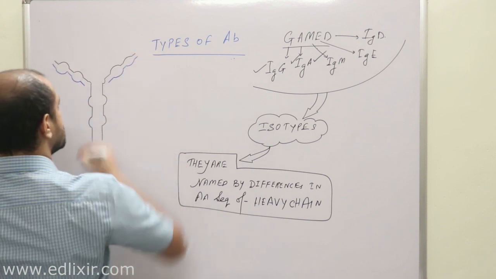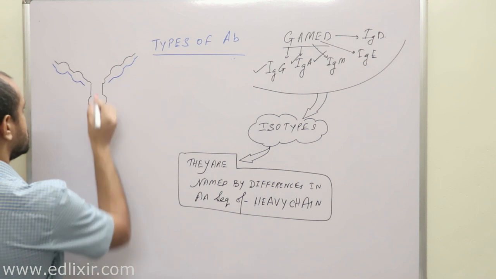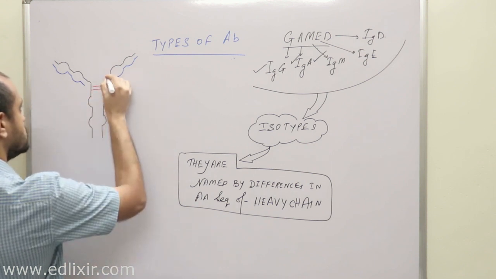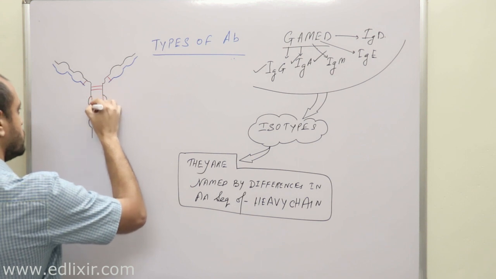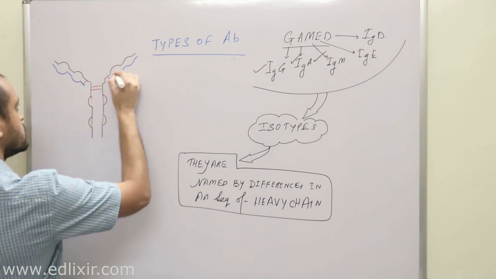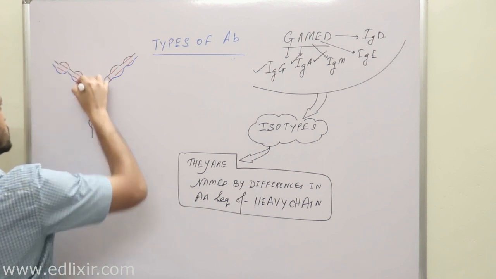Okay, now listen with all your attention. So this is your disulfide bond, this is your disulfide bond, and these are your disulfide bonds between what? Ig domains, right? In the Ig domains, these are your disulfide bonds. Okay, clear?